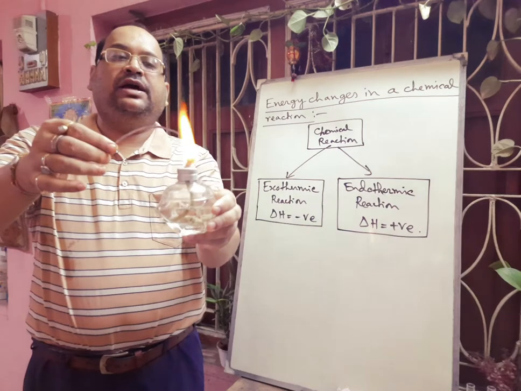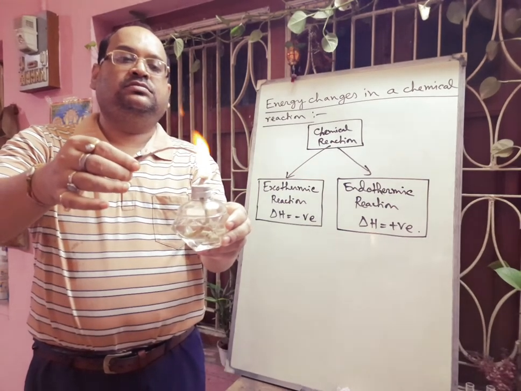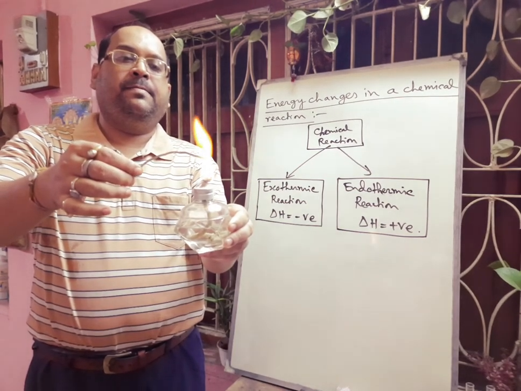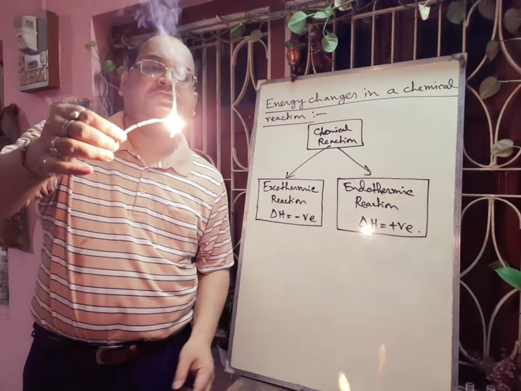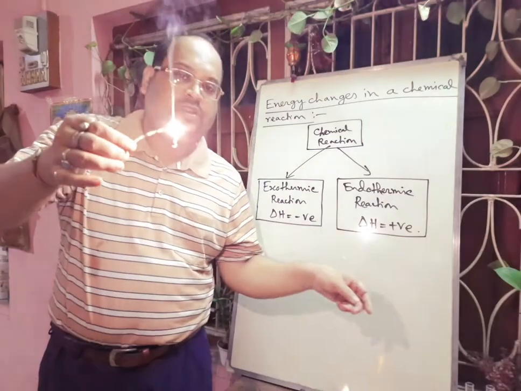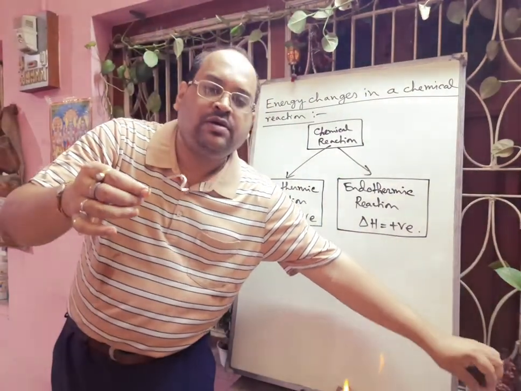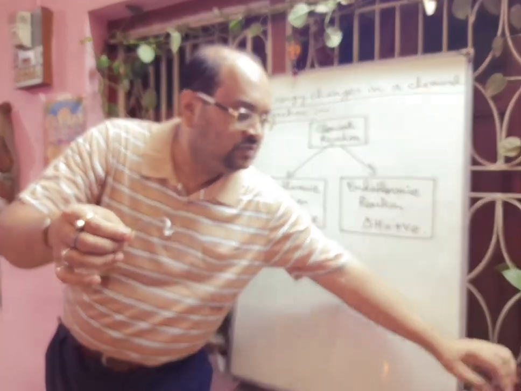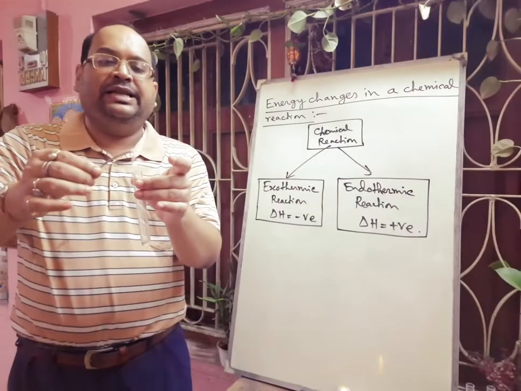So you are burning the magnesium ribbon. A huge amount of light and heat is produced, as well as a white ash. We are taking this ash inside a test tube. This is nothing but magnesium oxide.